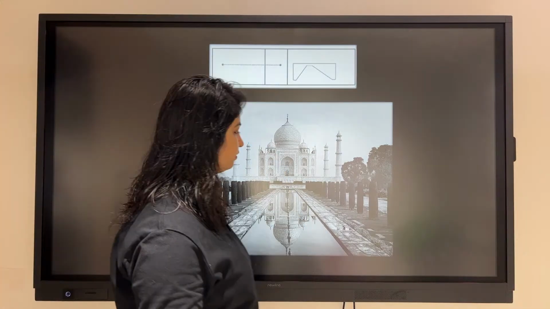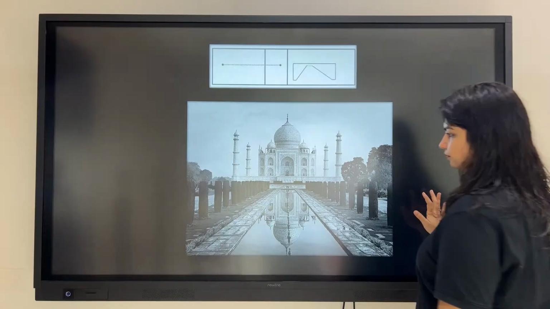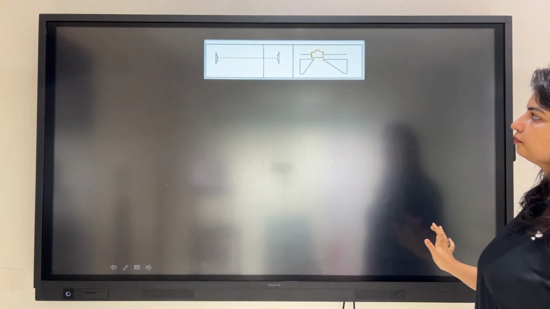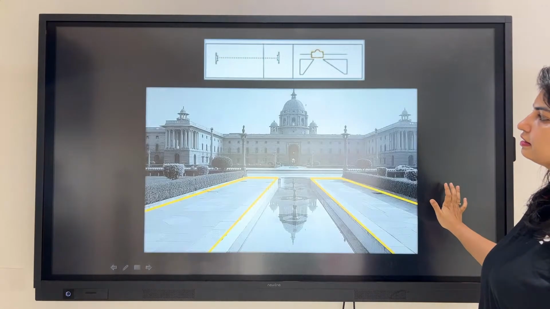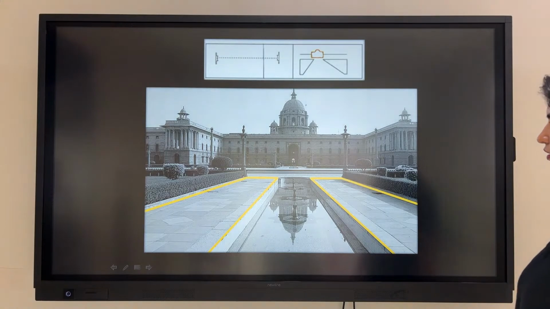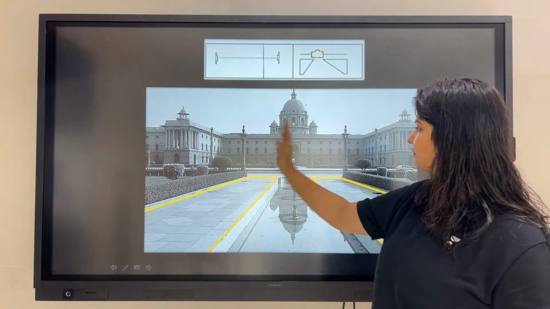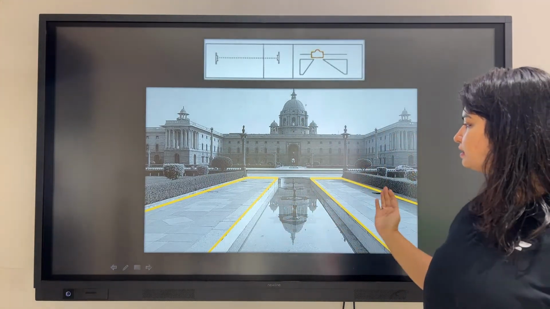That's the Taj Mahal, Agra, a beautiful monument. Here also in the axis there has been a division made. Onto this axis everything is divided symmetrically on both sides.